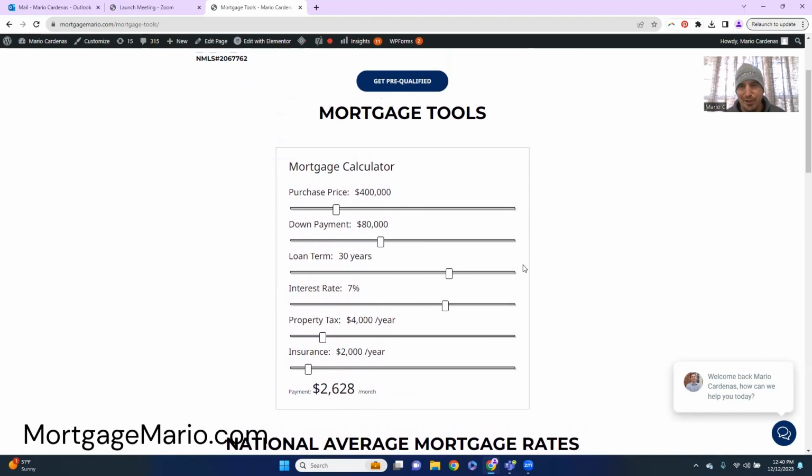Do take note that you will have private mortgage insurance when you're putting down less than 20%, typically. That depends on the loan products. Let's say someone's putting down the minimum on a conventional first-time home buyer loan, so putting down 12,000. You can fiddle around with that.